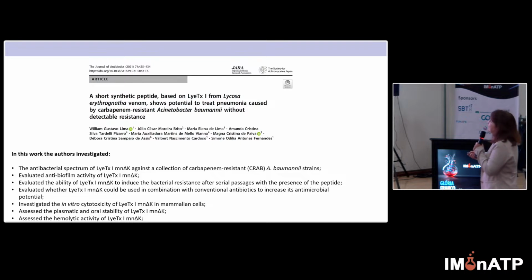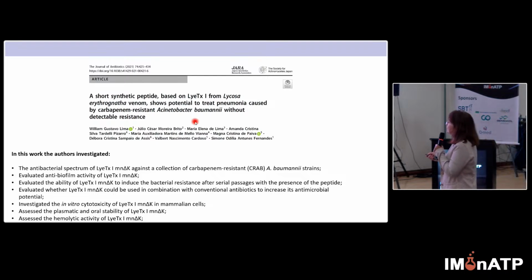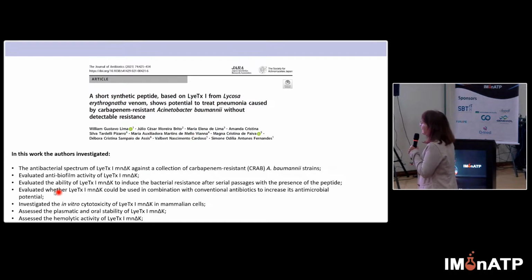Well, in this paper in 2021, William Lima analyzed many aspects of this new peptide, the reduced form, the LyeTx I, against many different Acinetobacter baumannii that are resistant to carbapenem, and also compared with a susceptible Acinetobacter baumannii. And then they investigated several aspects.